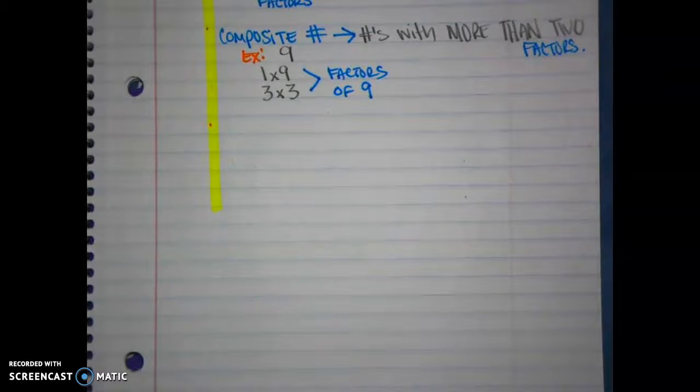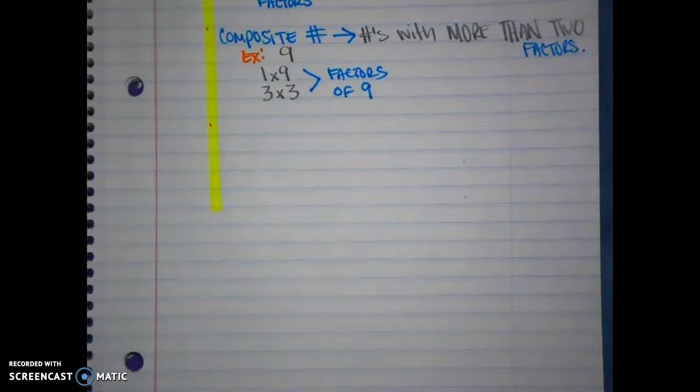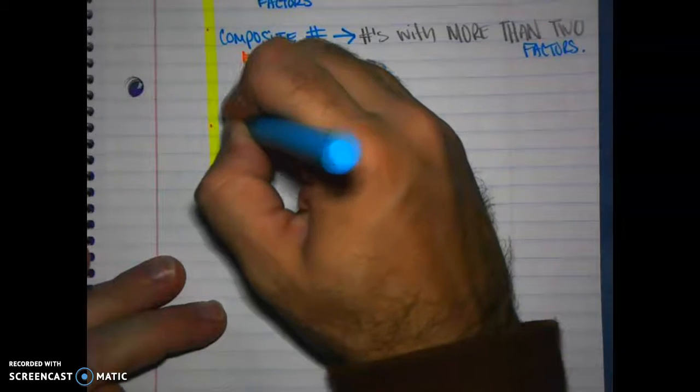So then the question comes up is, what in the world is prime factorization?